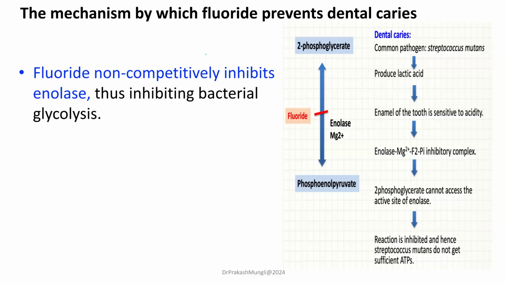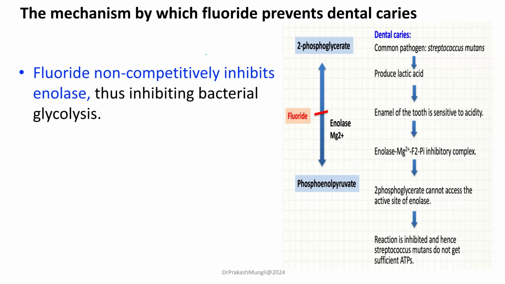It creates acidity around the teeth, and that acidic pH, with more protons, is going to slowly erode the outer layer of our teeth called enamel. That's how it leads to the development of dental cavities. It is all because of the anaerobic activity of mouth bacteria causing anaerobic glycolysis.